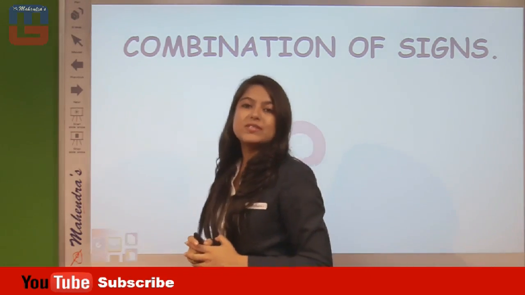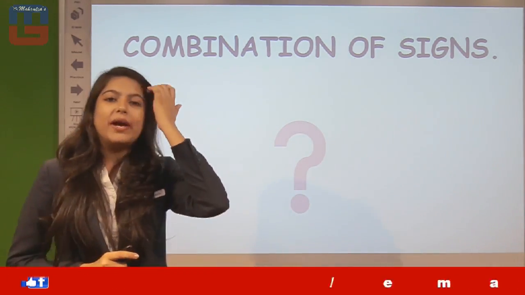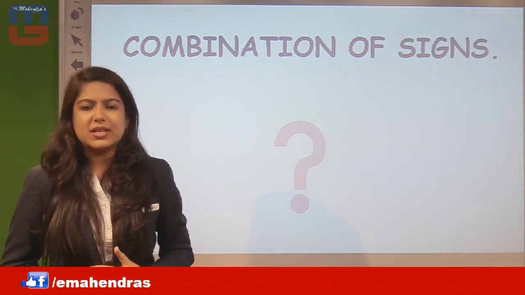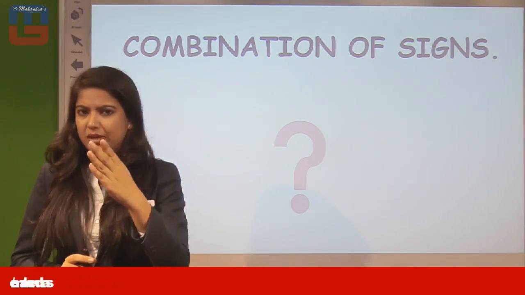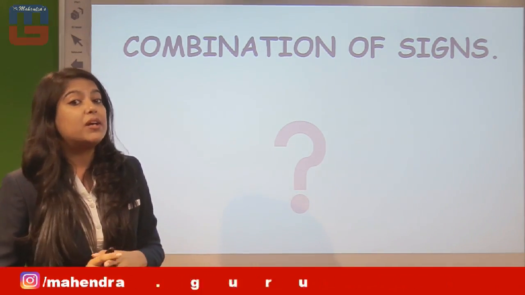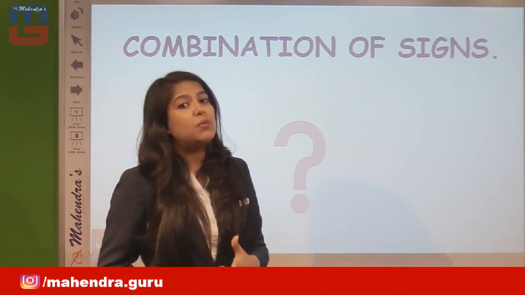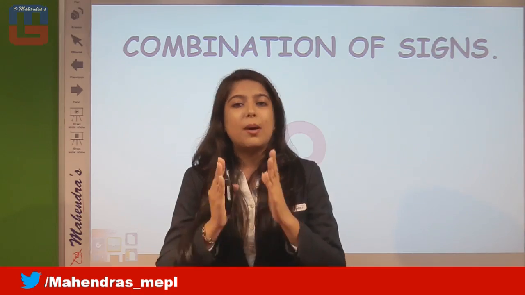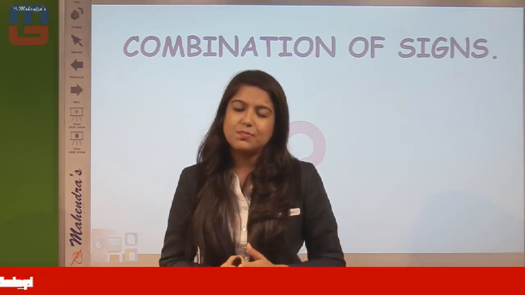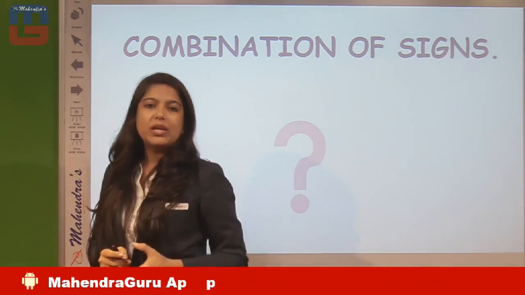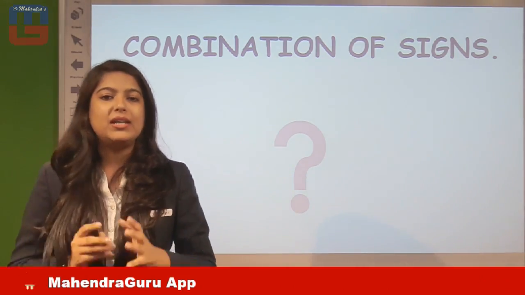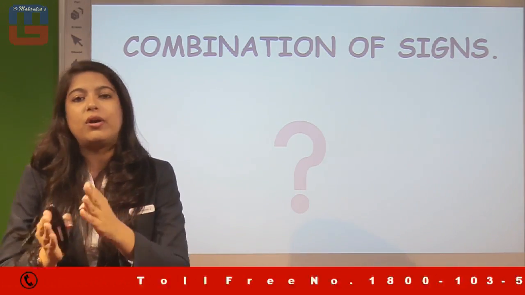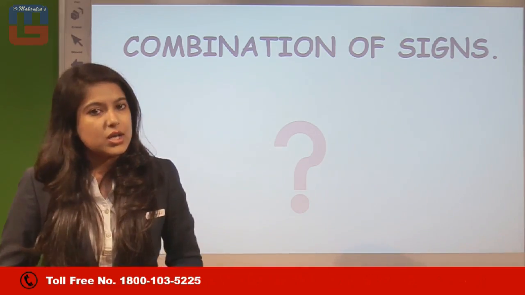You have to combine two signs: greater can be combined with equal, and lesser can be combined with equal. That means greater equal and lesser equal are the two signs which we count as combination signs. So when we talk about combination of signs, we combine these two signs only, either greater or equal, or lesser or equal.